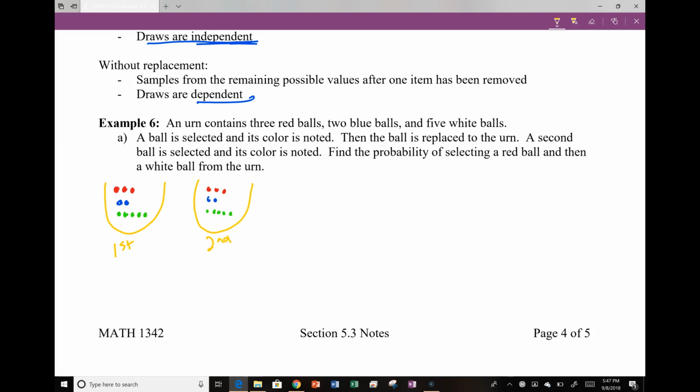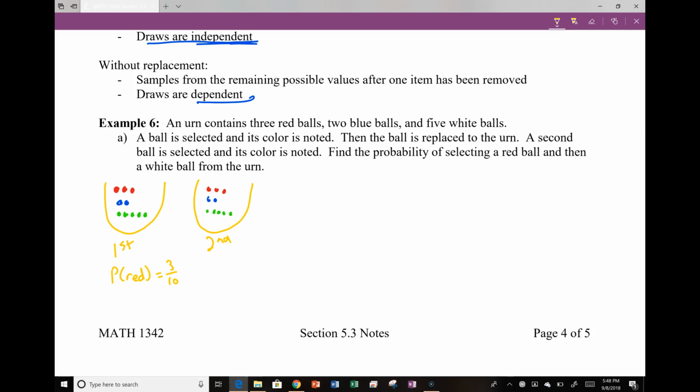We want to find the probability of selecting a red ball and then a white ball, which in our case are the green balls. So looking at this, the probability of a red is equal to 3 out of 10. That's on our first draw.